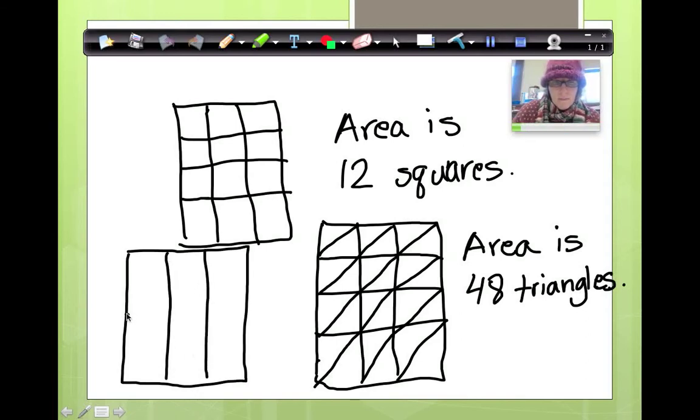These are rectangles. So what is the area of this? 1, 2, 3, 4, 5, 6 is 6 rectangles. Okay. Now, let's say that because we have 3 across and 2 down. 3 times 2 is 6.